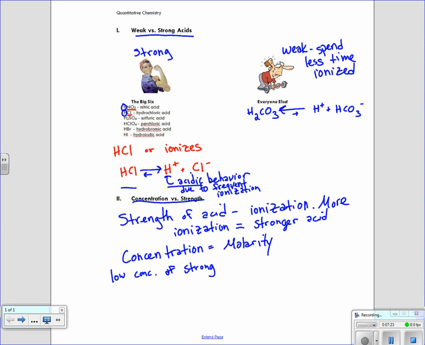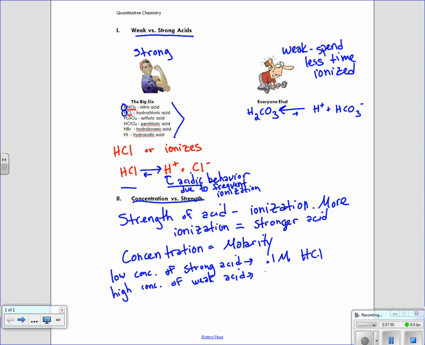So that might mean something like, we could say that would be like 0.1 molarity of, let's pick a strong acid, pick something from the big six up here, HCl. That would be an example of a low concentration of a strong acid. You could also have a high concentration of a weak acid and anything in between.